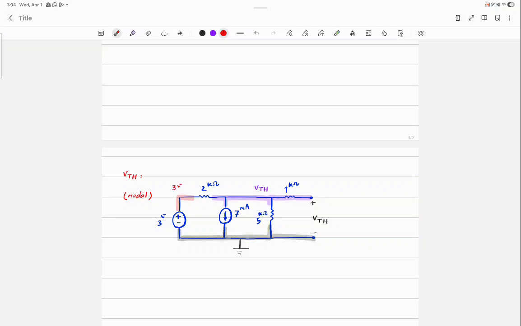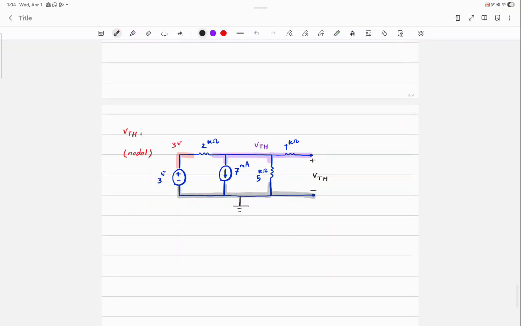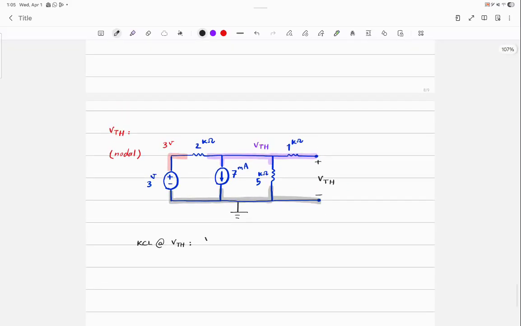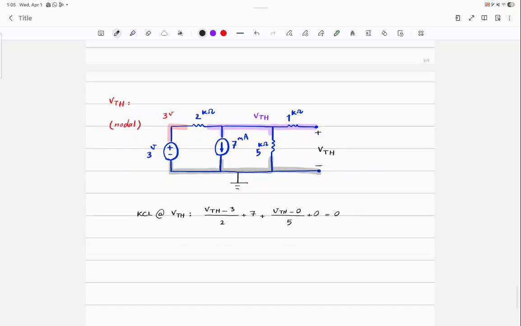What do you label the red one? 3 volts. So you only need to write one KCL equation at VTH. VTH minus 3 divided by 2, plus 7, plus VTH minus 0 divided by 5, plus 0, equal to 0.